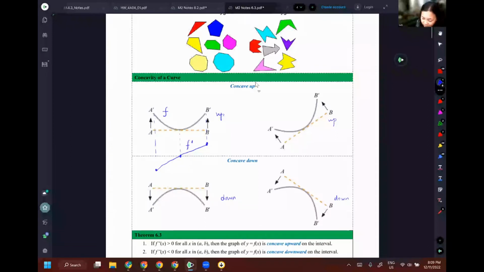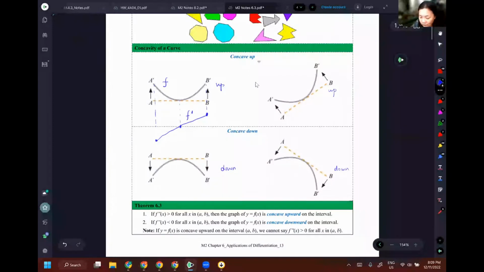Now, which is very different if you look at this concave down curve, because this one is from A positive to here negative and to B negative. You see, it's a very different curve if you think about the value of the derivative. But this one, both of them are concave up. You will see, oh, this is a negative, and here it's 0, and then here it's positive, and here is more positive.